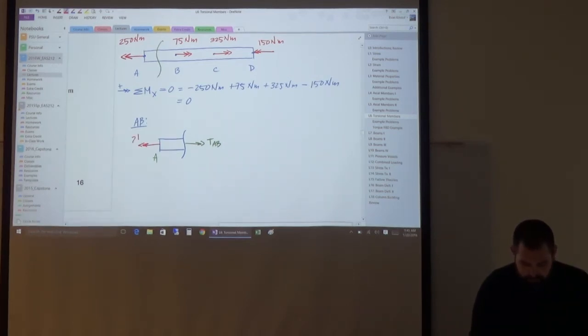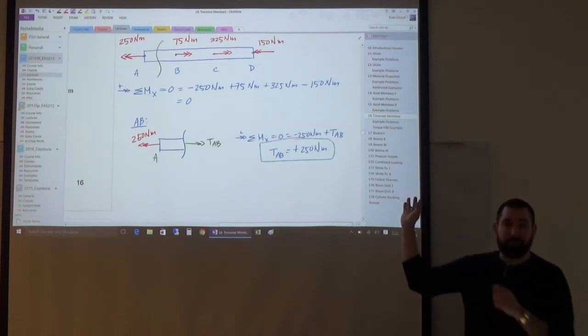This is 250 Newton meters. So the same thing as before, I just sum the moments about the x-axis equal to 0, and I get minus 250 Newton meters plus torque AB. That means that torque AB equals positive 250 Newton meters.